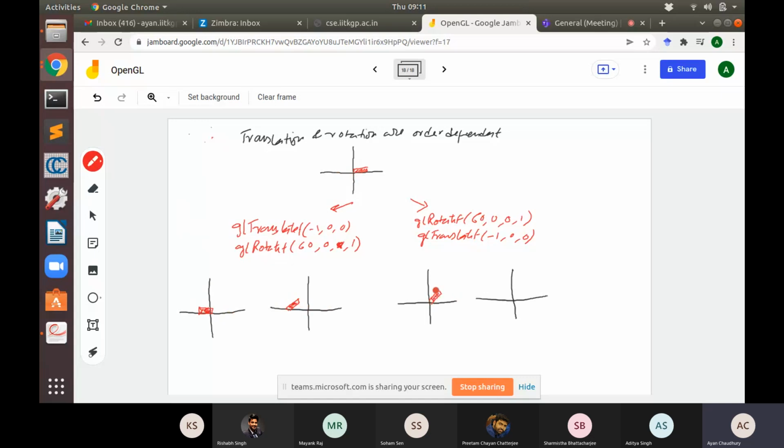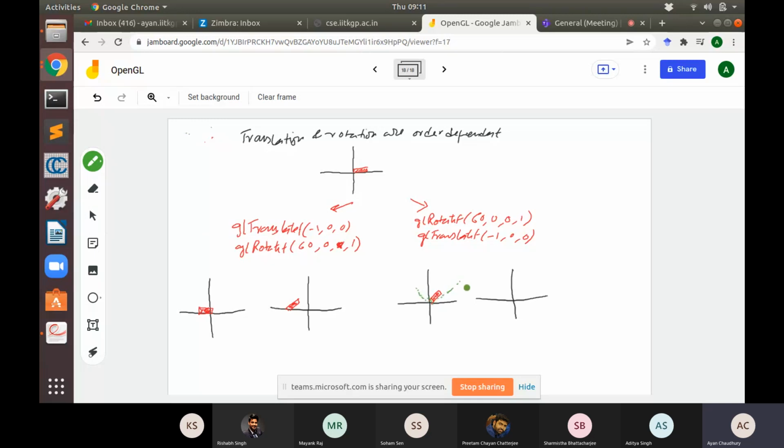But the problem is that the way OpenGL actually behaves is it depends on the local coordinate system. So we are assuming that these are all a global coordinate system, but whenever you do a rotation, it actually affects the local coordinate system. So as if there is a coordinate system associated with this, like this one.